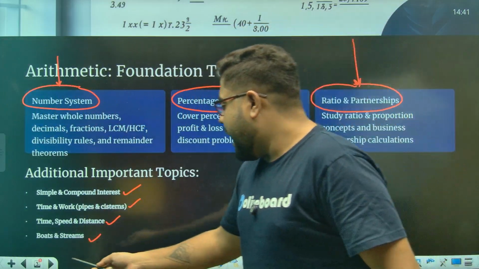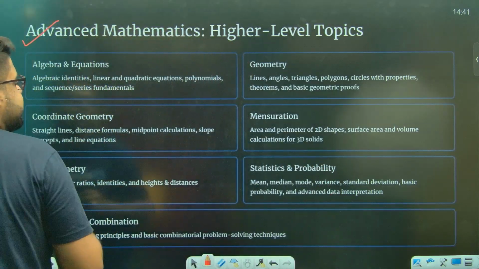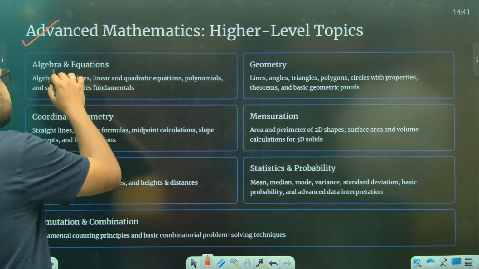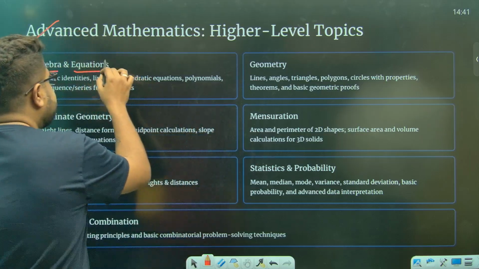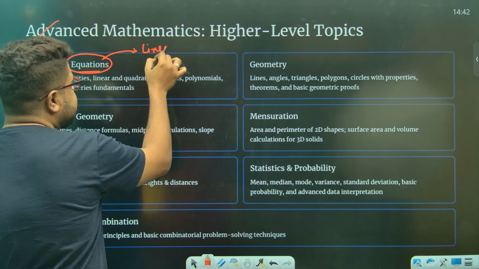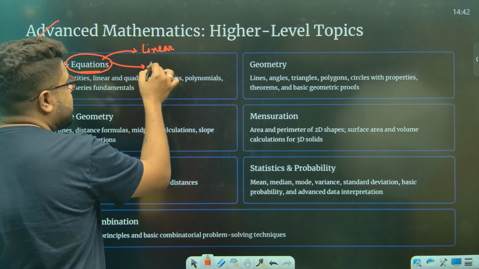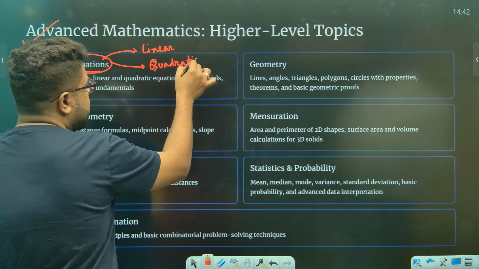Now, apart from that, if you go into the algebra or the advanced maths part, there you will find algebra first. Equations you have to do two types: linear equations and also a knowledge of quadratic equations. Right?